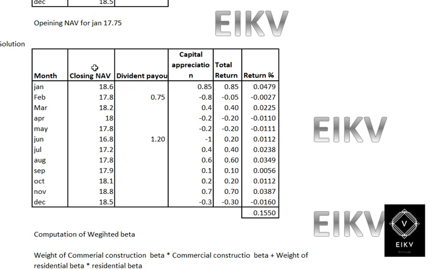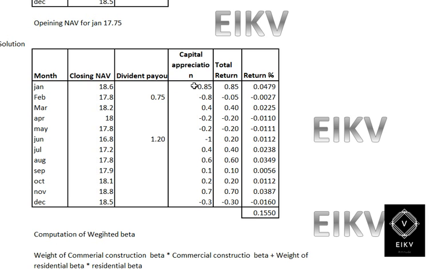Opening NAV is 17.25. So we need to compute the Jensen's alpha. For that, going ahead with the solution, I have prepared a table containing 6 columns: the month, closing NAV, dividend received, capital appreciation, total return, and return in percentage. Capital appreciation is computed as closing minus opening. For the first month, 18.6 minus 17.75 gives you 0.85 as capital appreciation.